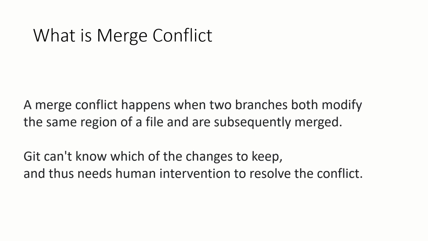So now Git is confused about which changes to keep in that file at that line. Okay, so there the merge conflict arises. So you can see in the next line: Git cannot know which of the changes to keep, and thus needs human intervention to resolve the conflict.